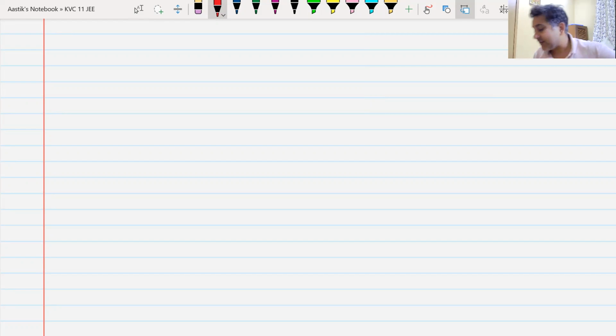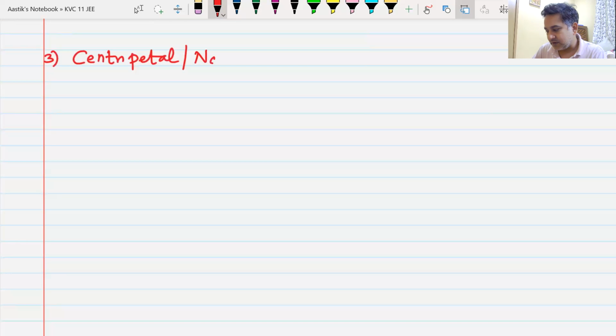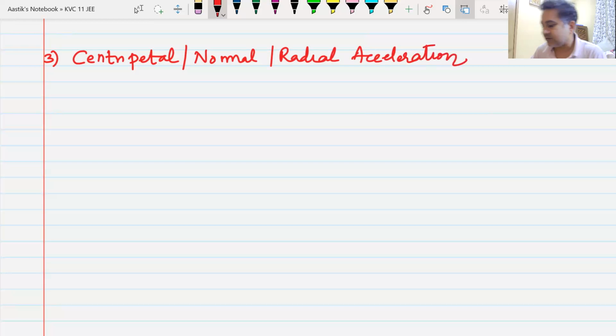Something that changes the direction of velocity is known as centripetal or normal or radial acceleration, which changes the direction of velocity.